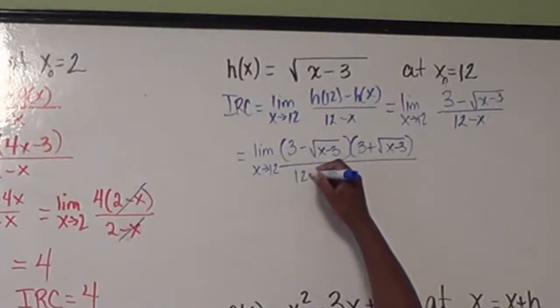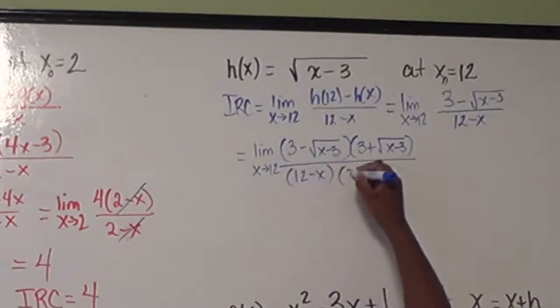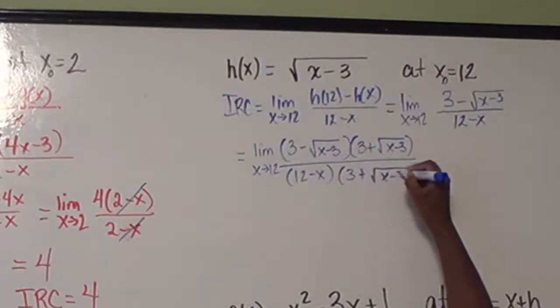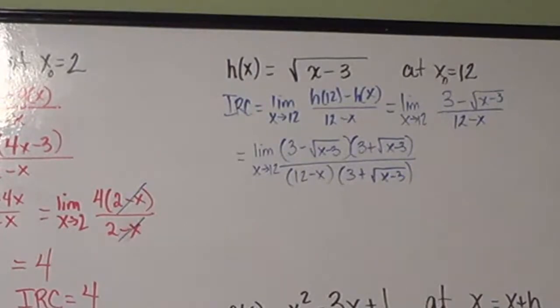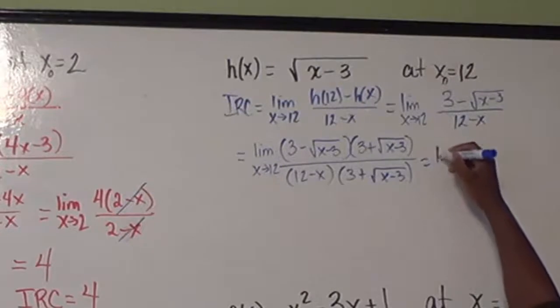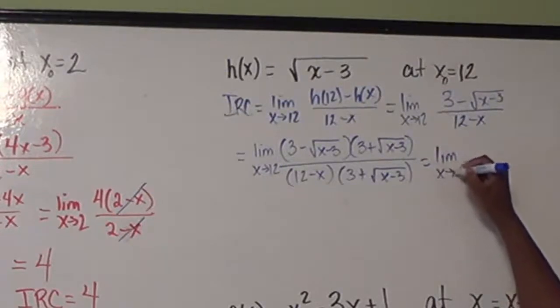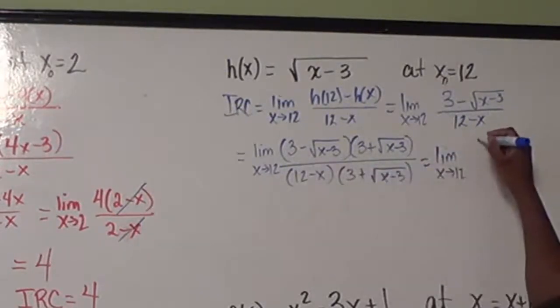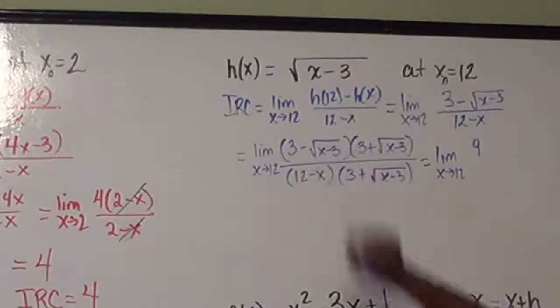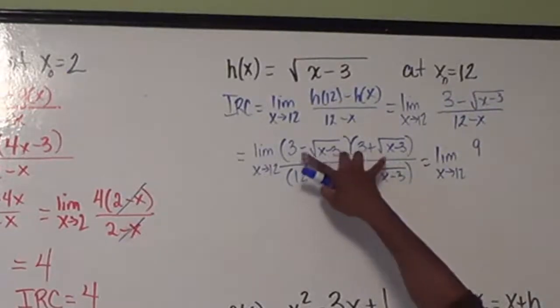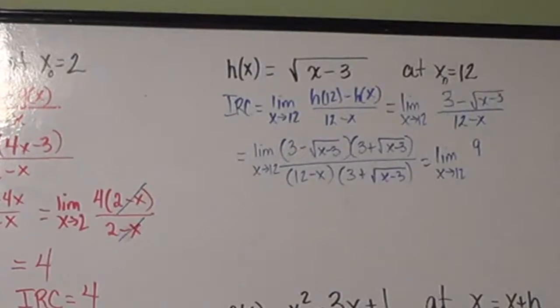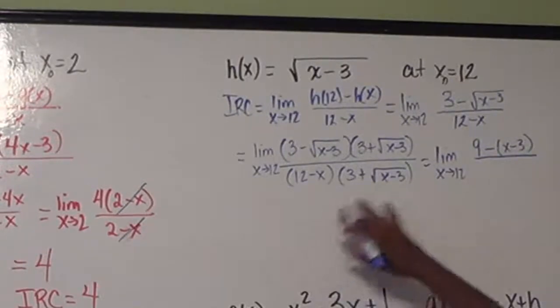Do the same thing on the bottom. Okay. On the top, we can see that we'll multiply out, we'll get a 9 and the 3 times 3. Notice the middle terms, when we FOIL this, will cancel out. And we're left with a minus an x minus 3 over the entire denominator.